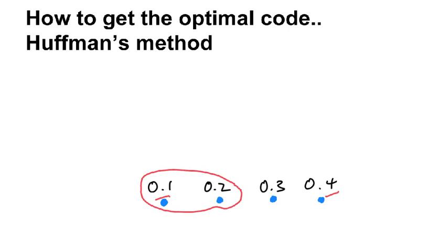The new tree has a root, and we need to associate with this root a new probability, which is the sum of the probabilities of the leaf nodes. So we have 0.1 plus 0.2, that will give you 0.3. Can you understand this?